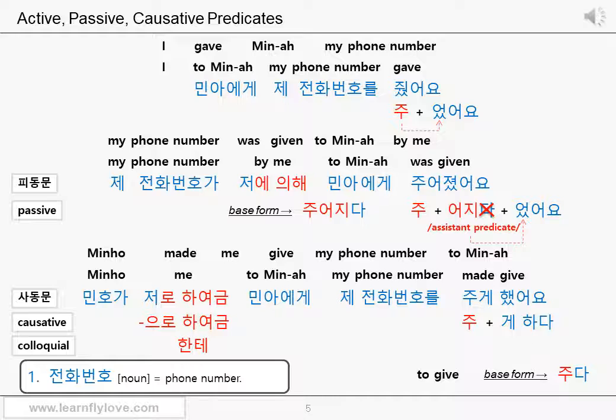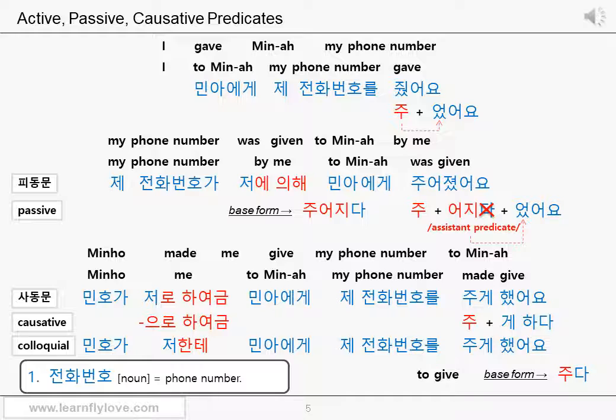You know you can use the particle 에게 or 한테 for someone who is affected by the action in the causative sentence. In other words, for someone who is made to do something by the subject, right? Let's see the sentence first then. 민호가 저한테 미나에게 제 전화번호를 주게 했어요.